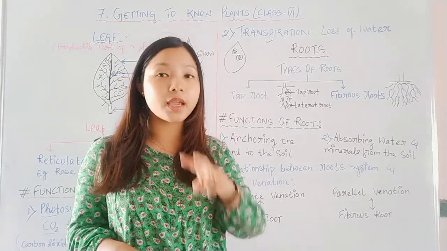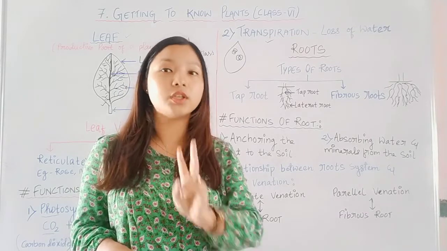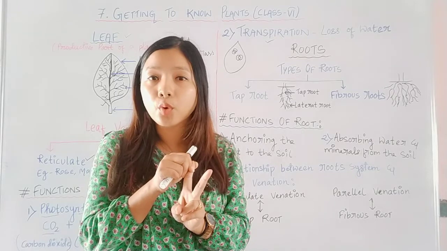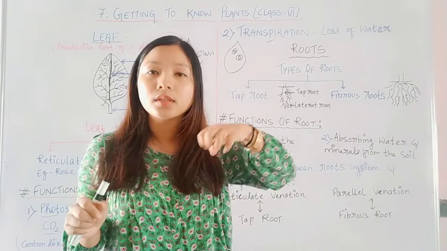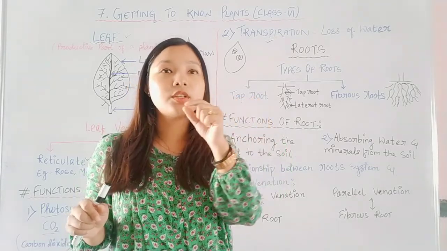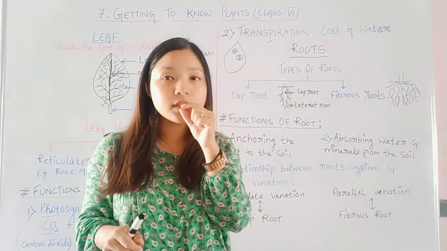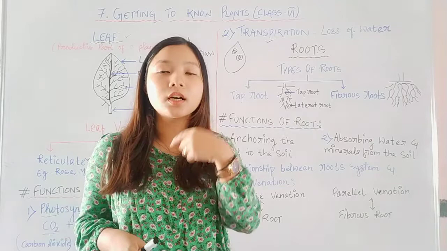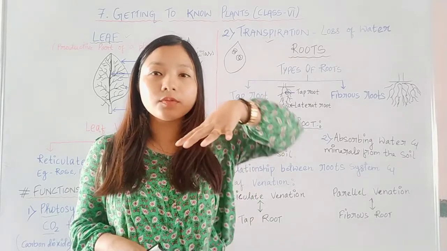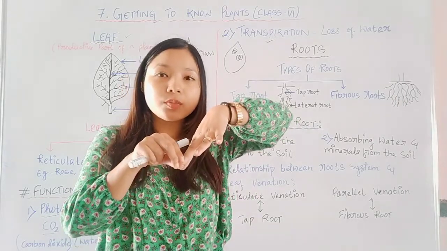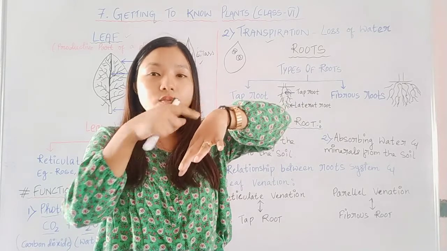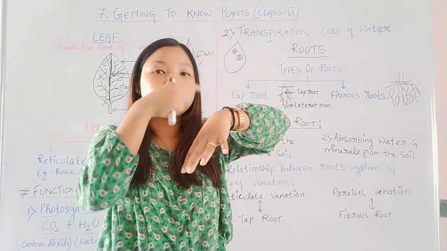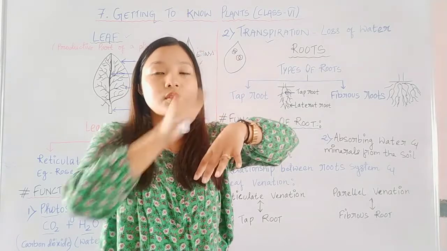It helps mainly in two processes. Let me tell you briefly. One is it helps in the absorption of water from the roots. Like you can take a straw: if you suck on it, then the juice will rise up and reach your mouth. Like that, if these are the roots, they absorb the water. So if it wants to absorb water, then at the top the water has to be lost.